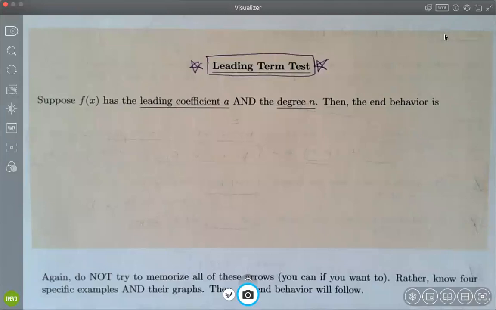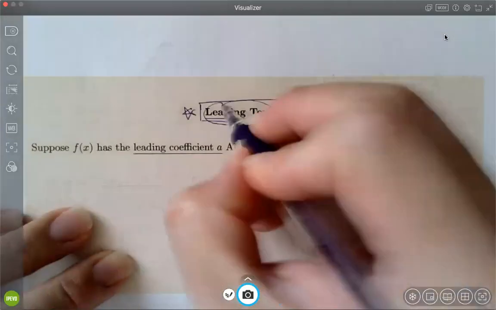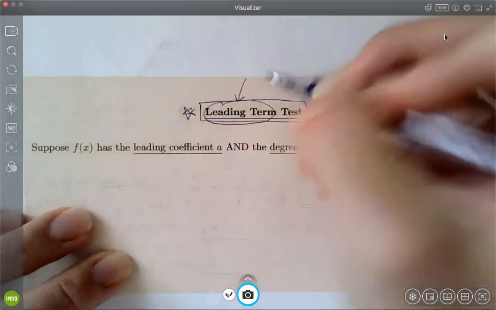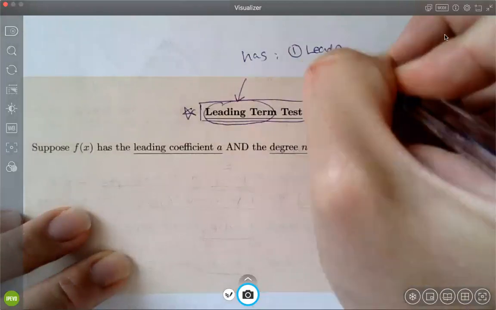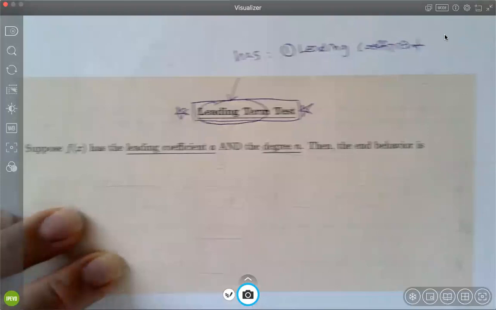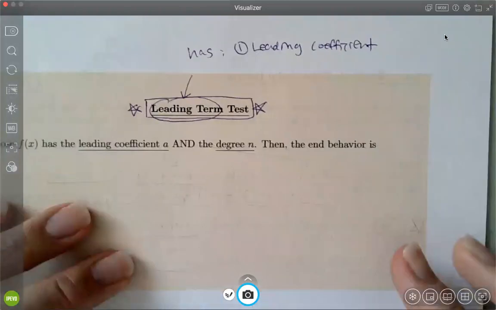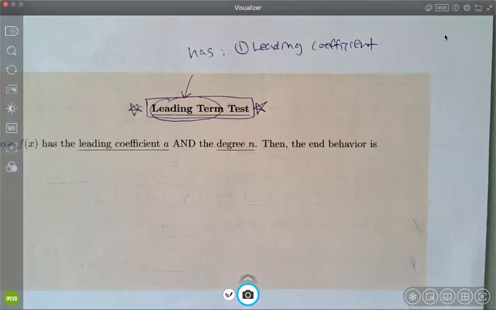The word leading term has two parts. The leading coefficient: remember from yesterday's class, we defined what the leading coefficient is. The leading coefficient is not necessarily the first coefficient that we see. It's rather the coefficient of the term that has the largest power.